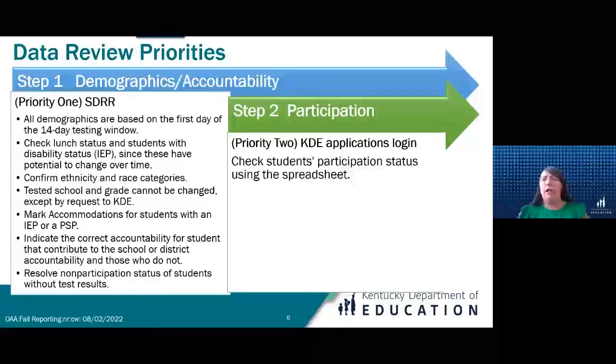If the student hasn't been 100 days anywhere, it goes to the state, and that is reflected under accountability when you look at your student listing, and also all the other demographics for your students.